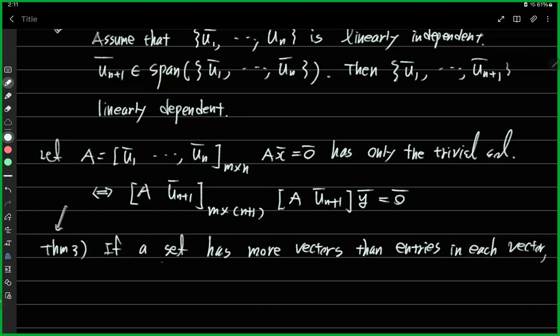The number of columns is greater than the number of rows in the matrix.